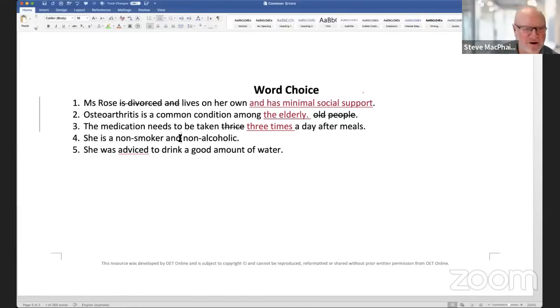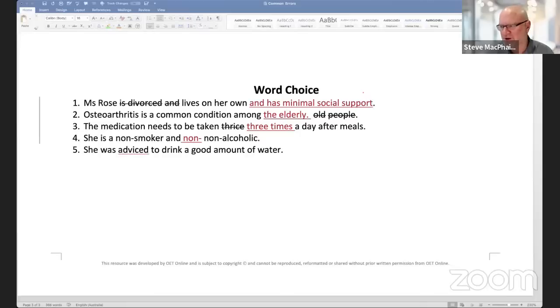She's a non-smoker and there's another word we can use. Anyone get it? Neither alcoholic, no, we won't use that. A person who doesn't drink is a, what's the word? She doesn't smoke or consume alcohol.